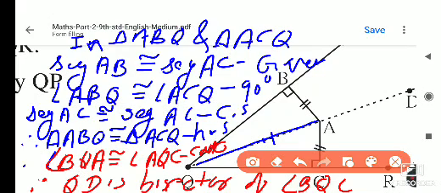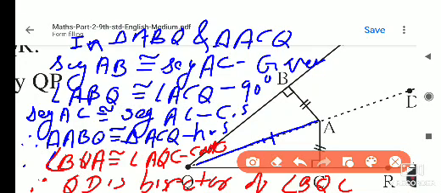So in this way we have to show that BQA and AQC are congruent to each other. It means if any point in the interior of the angle is equidistant from the arms of the angle, then that point lies on the angle bisector.